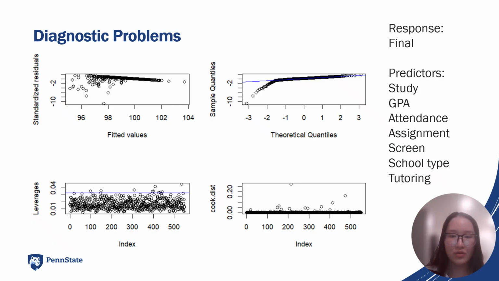The QQ plot shows a substantial deviation from the straight line in the left tail, indicating the residuals are not normally distributed, again driven by the ceiling effect and uneven spread. Overall, those plots suggest this model is not valid in its current form, and a transformation should be considered.